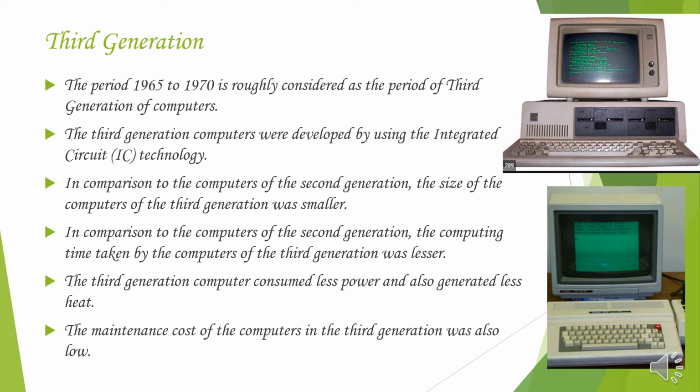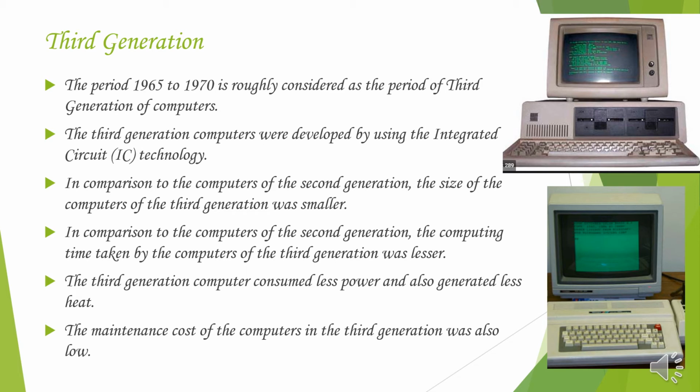In comparison to the second generation, the size of the third generation computer was smaller, and the computing time taken was very much less. Third generation computers consumed less power and also generated less heat.